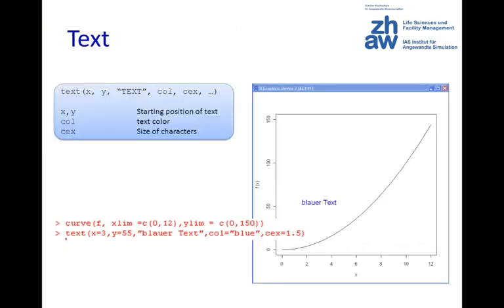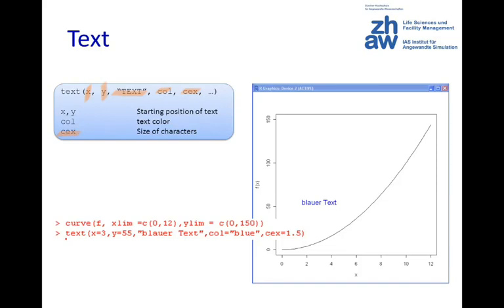You can also include text directly into a plot, which can be a tremendously useful feature. You can specify at which position, x and y, you want what text. Don't forget the quotation marks, since it's a string. You can specify color. You can specify the size of the character with the cex command.